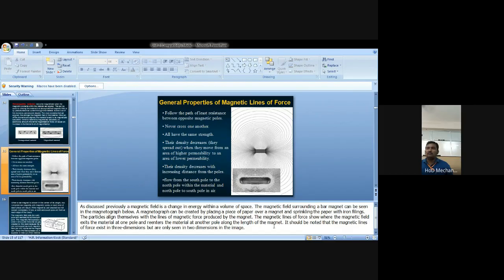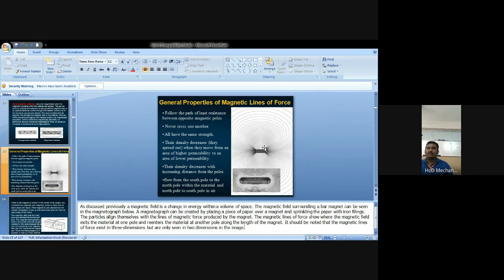It should be noted that the magnetic lines of force exist in three dimensions but are only seen in two dimensions in the image. They follow the path of least resistance between the opposite magnetic poles.